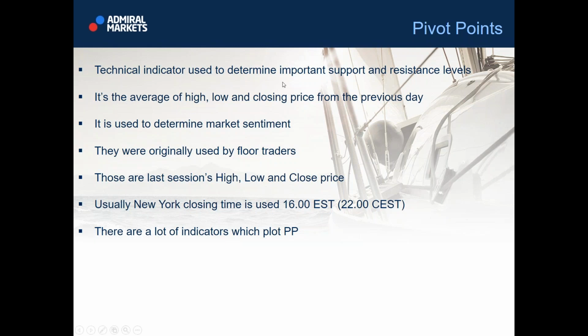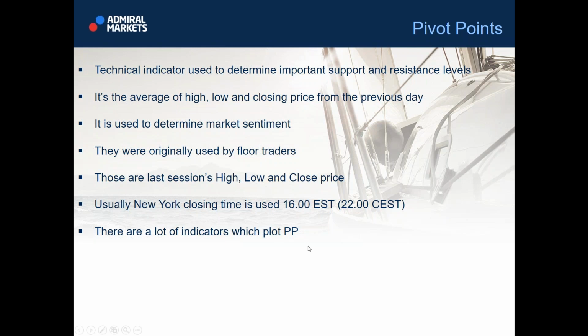They were originally used by floor traders, and those represent the last session's high, low, and close price. We use New York time usually, and if you don't know, New York close time corresponds to our platform time. That is actually a great thing.